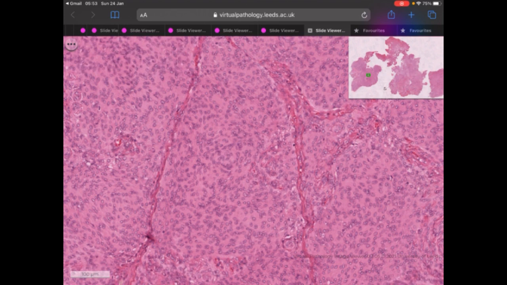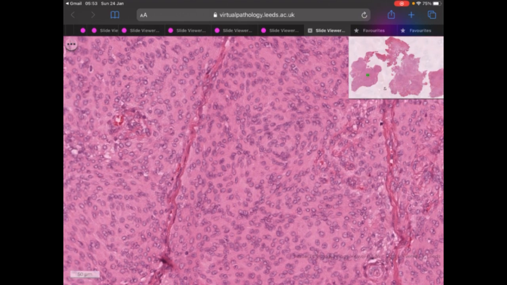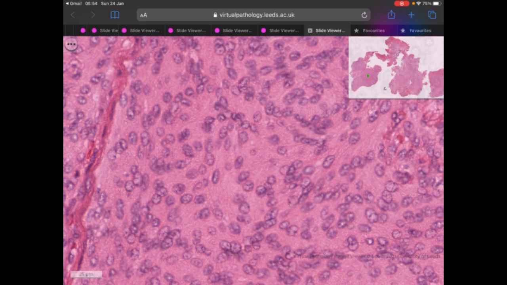They are uniform, round to oval cells. In many of these cells, you can appreciate an empty, clearing nucleus, and the cytoplasm is syncytial, because you can't really delineate the cytoplasmic membrane. They appear like they are sharing the cytoplasm between the cells.